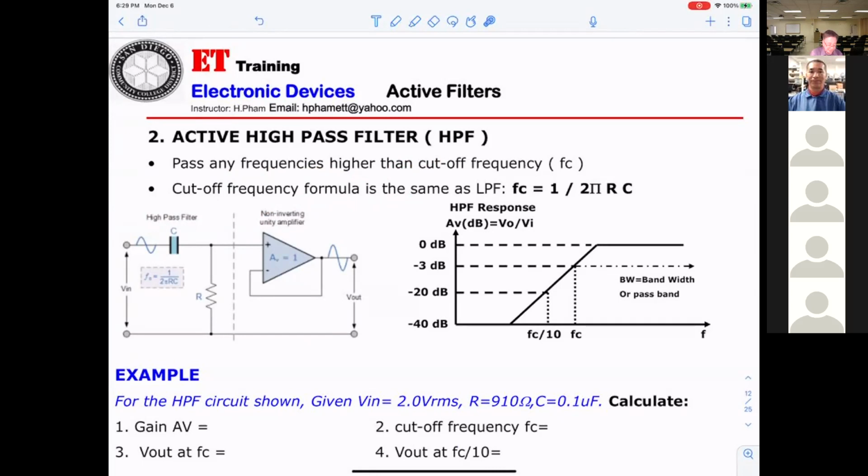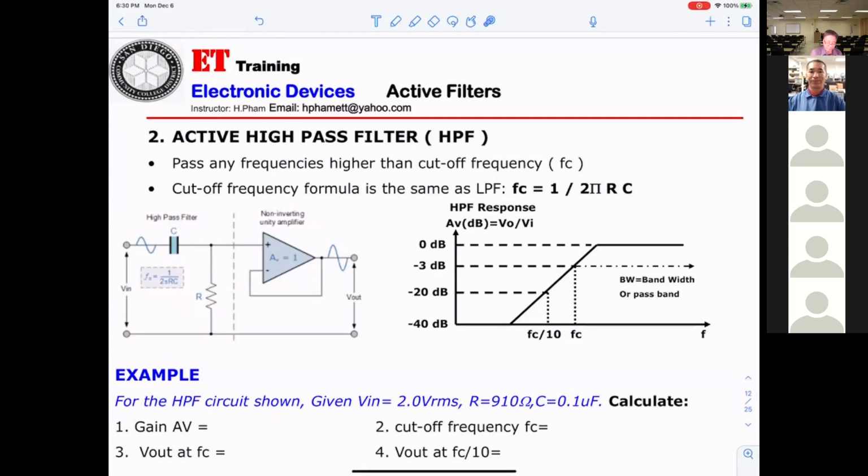For the high pass, the only thing, if you're looking at the circuitry, is that they change the position of the capacitor and resistor. For low pass, the resistor is here and the capacitor here; for high pass now they change. The capacitor will be in this position and then R.